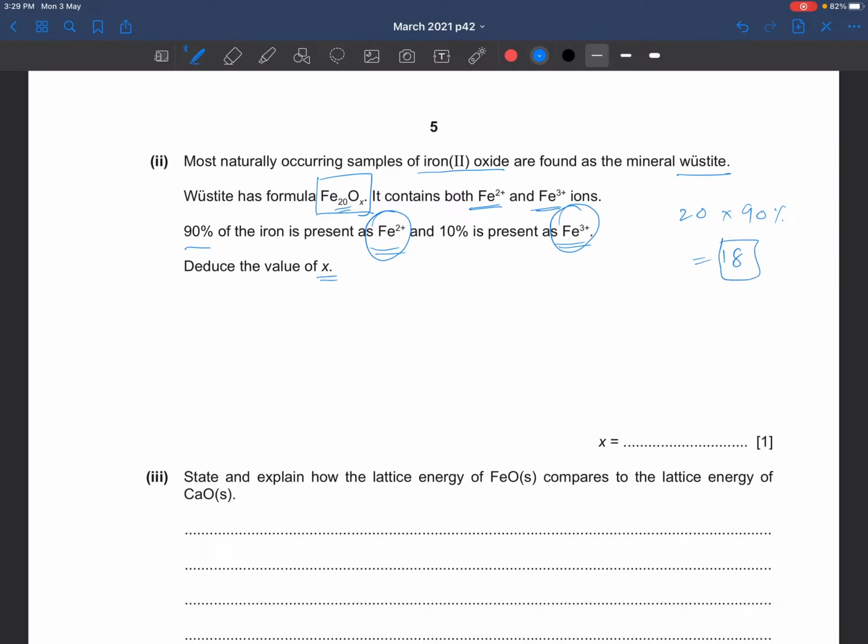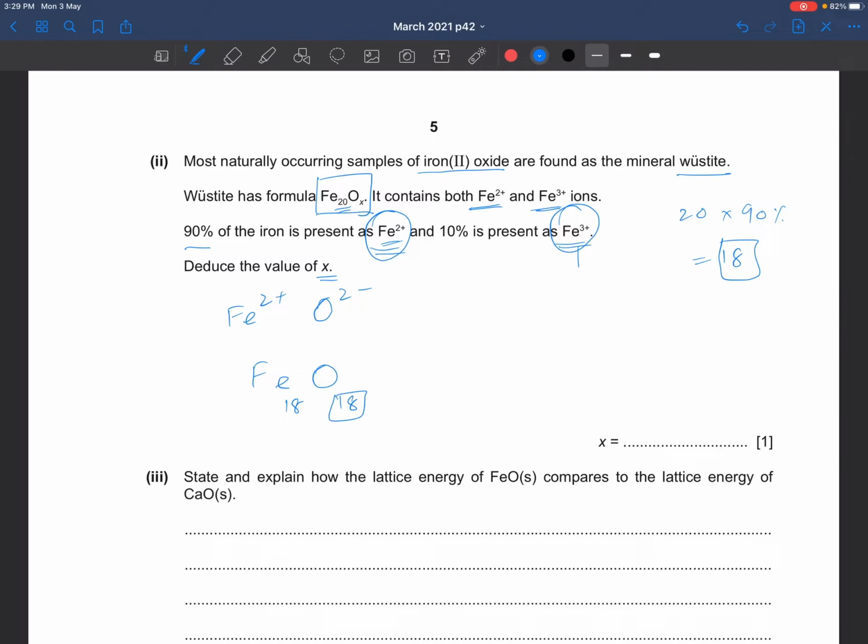So 18 irons would be in the form of Fe+2, and when iron is in Fe+2, oxygen would be in oxygen -2, so formula would be FeO, and we have 18 iron, so that means 18 oxygen. The total number of oxygen we have here is 18, which would combine with Fe2 plus.